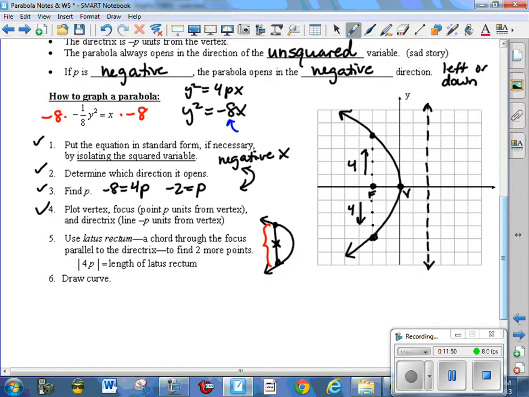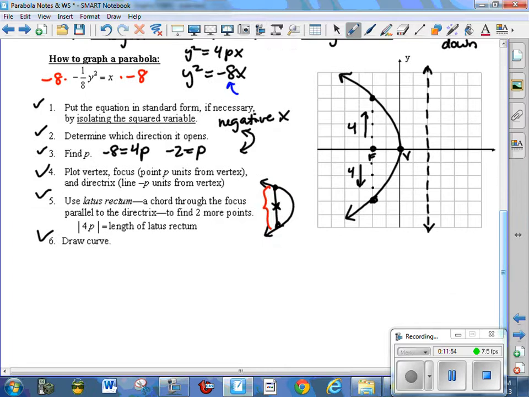Now we can verify and then draw the curve. We can verify that those points are on there. This is the point -2, 4, and -2, -4. We can also find points by just saying, if the focus is at x = -2, we're going to find a place where x is -2 in the equation.